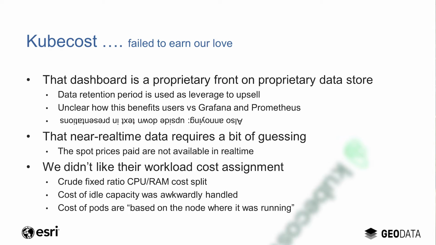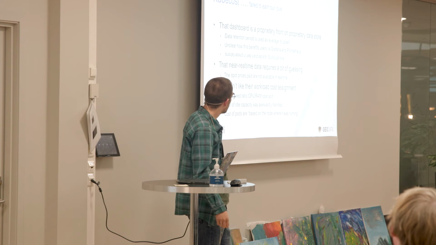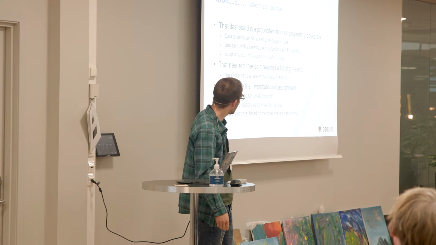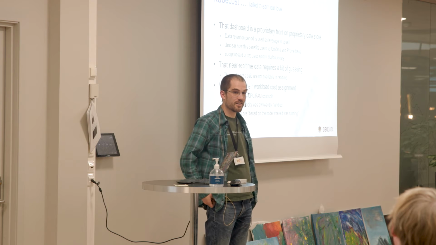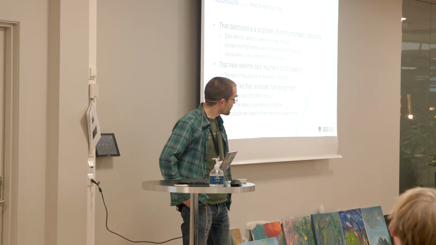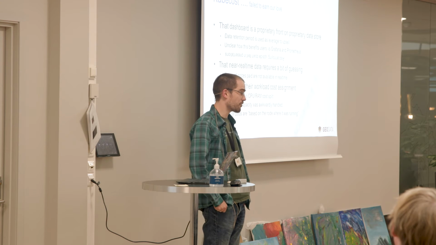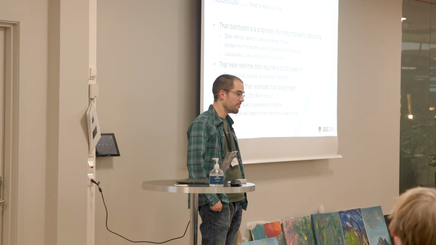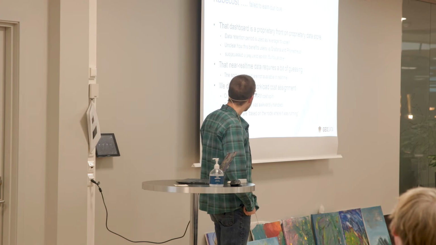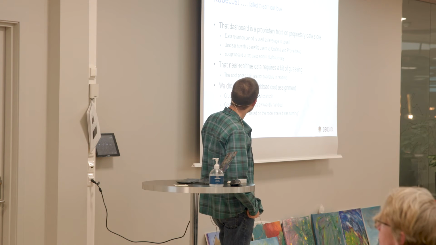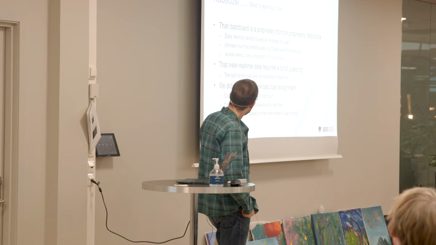And I understand they have to earn money. They have to feed themselves. But it's pretty annoying. Grafana and Prometheus are really good. If anyone here doesn't know what those are, you should. They're really good. Metrics, logs, your friends. And so, yeah, it's really weird to have Kubecost decide not to use that.